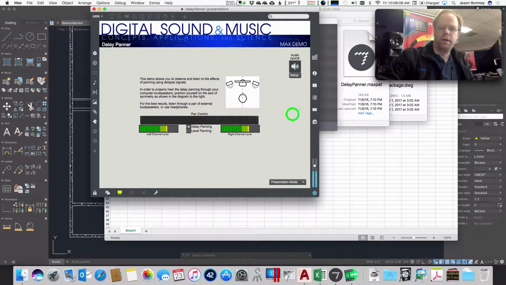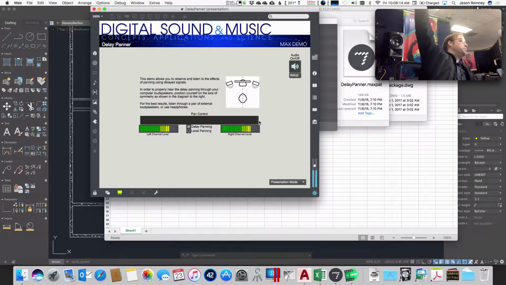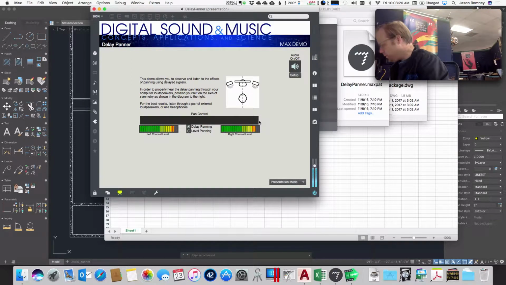And I can move it over to the right. The sun is on my neck. So now it should sound like it's coming more from over here. In my face. Now, the water. What's interesting about this? Blue, and I'd rather be sailing.